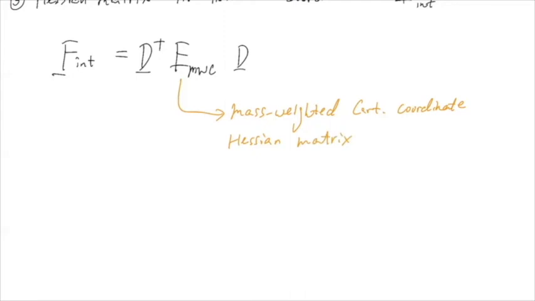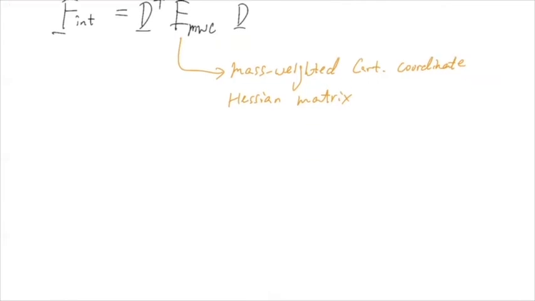In this matrix, each element is nothing but the second-order partial derivative of the potential energy with respect to Qi and Qj, right? And this D is just the transformation matrix that we constructed in the second step. By doing this, we effectively project the overall translation and the overall rotation out of this 3n by 3n Hessian matrix.